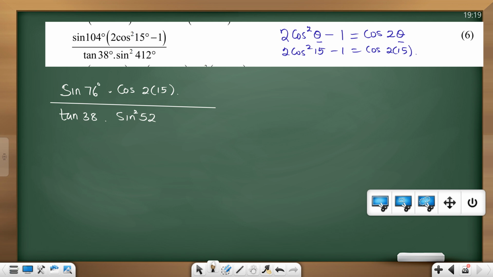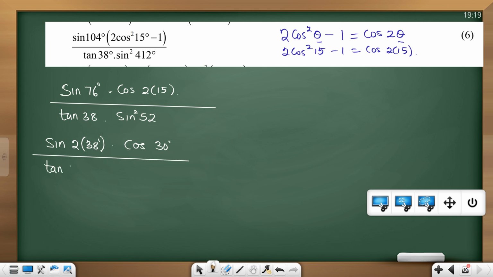So I can write sine 76 as what? Sine 2 times 38. After this, I'll show you how. Unfortunately, we bumped into this question. So some of you might be very confused, but don't worry. I promise you before the end of this lesson, I'll find you.